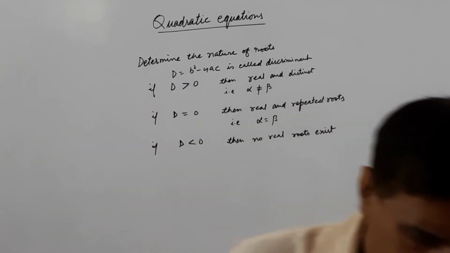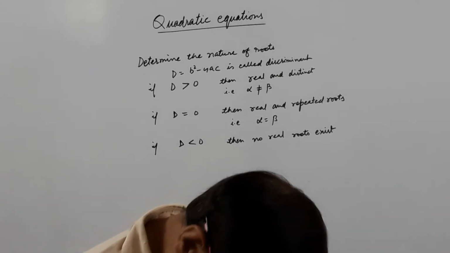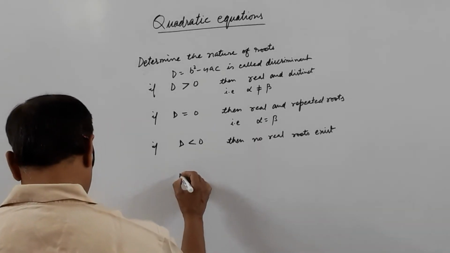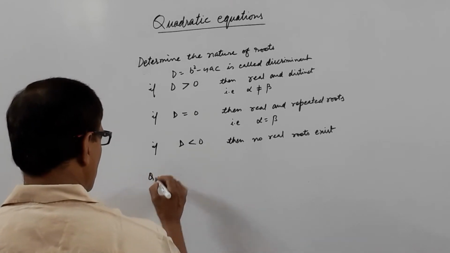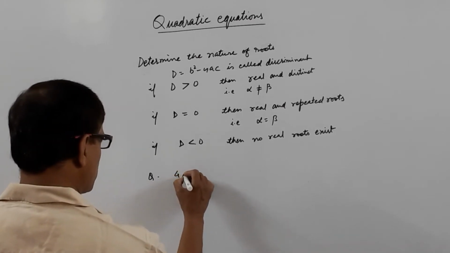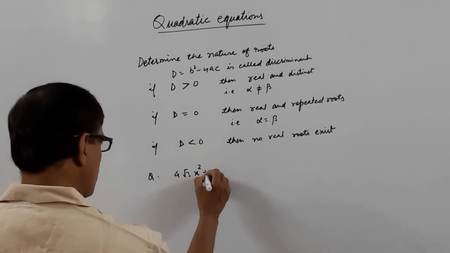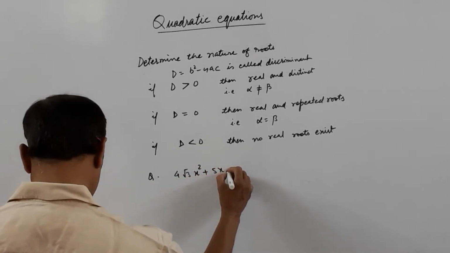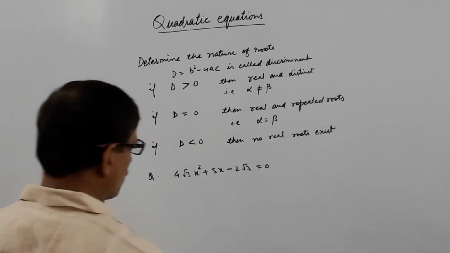Now we consider some problems. We have to determine the nature of the roots in the case of this quadratic polynomial 4 root 3 x square plus 5x minus 2 root 3 is equal to 0.